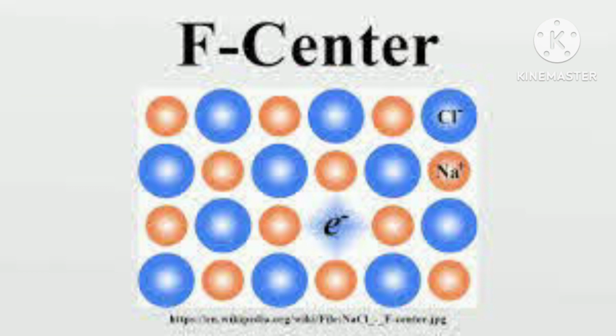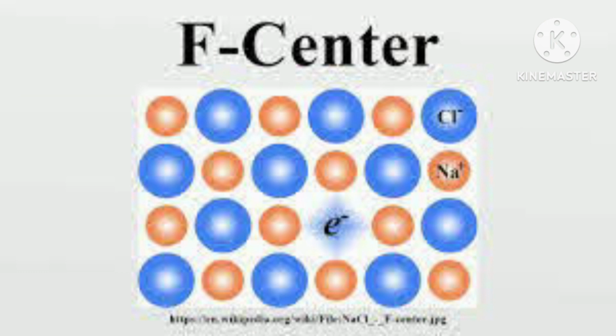Stoichiometric means here, just to understand, suppose NaCl, Na plus Cl minus, Na plus Cl minus, again Na plus Cl minus. Suppose 1000 NaCls are there, and all are arranged in a proper way. Then you can tell it is in a stoichiometry, means a balanced way.